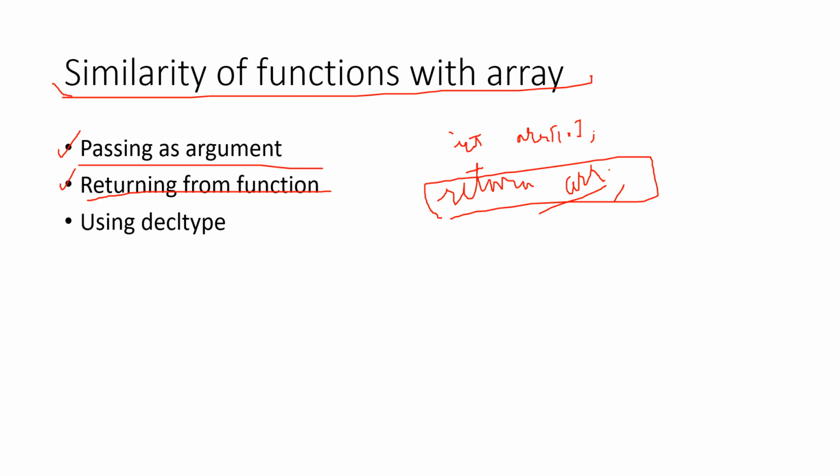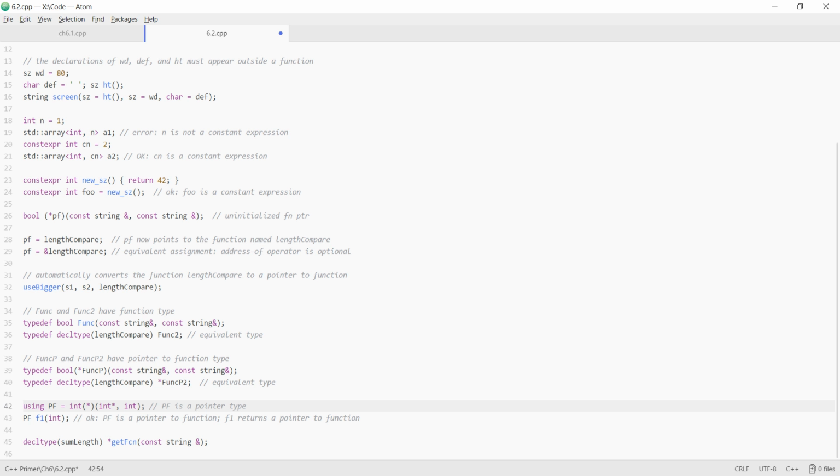And lastly, using decltype is also very much convenient in the case of your arrays also. So you can use it in the function also. I had explained this thing using pf = int*. Similarly, this method is very much convenient when you are defining functions of the type of array.